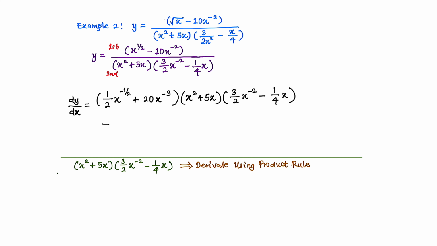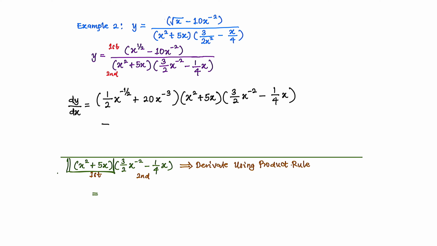So using the product rule, the first thing we have to take note of is that this is the first function and this is the second function. So the product rule states the derivative is equal to, take the derivative of the first function. So we are taking the derivative of x squared plus 5x.